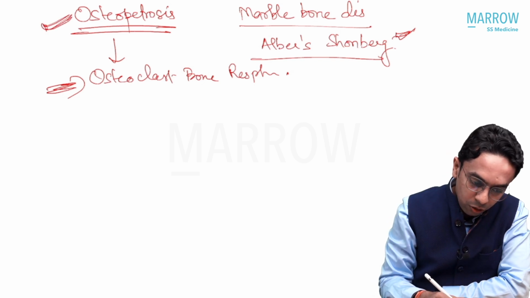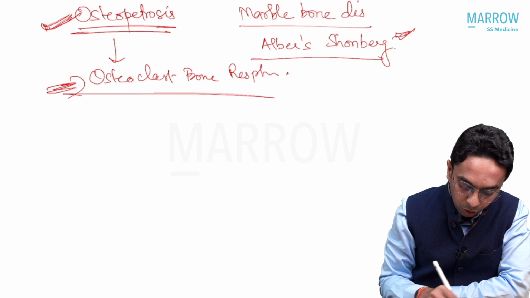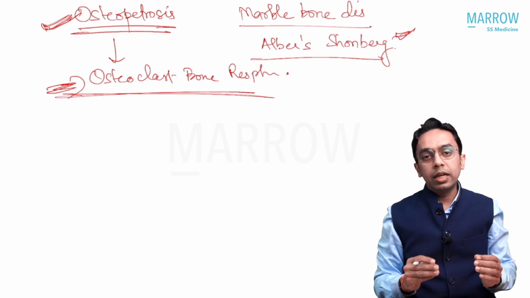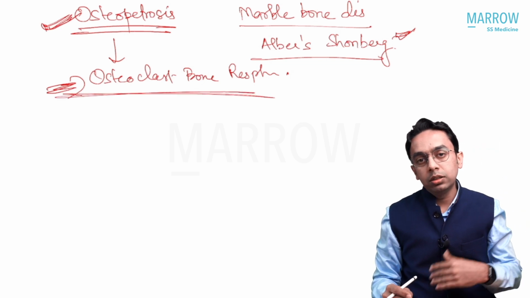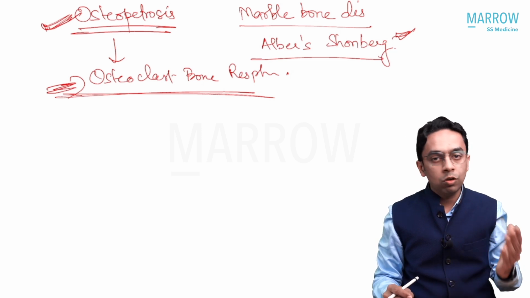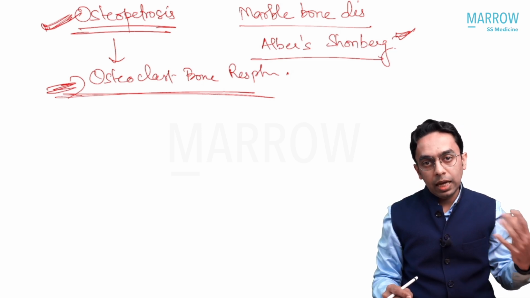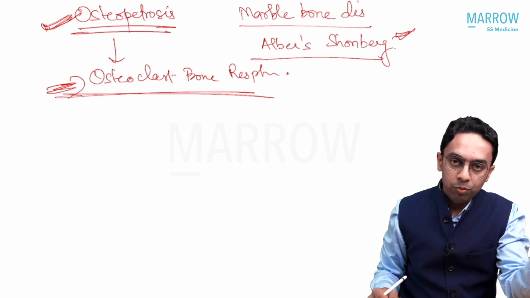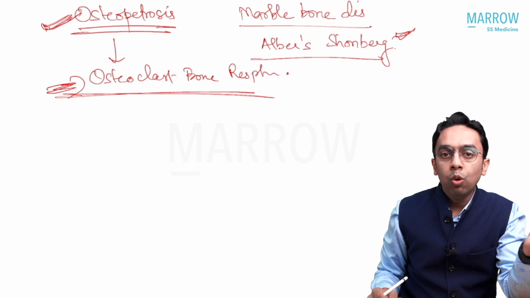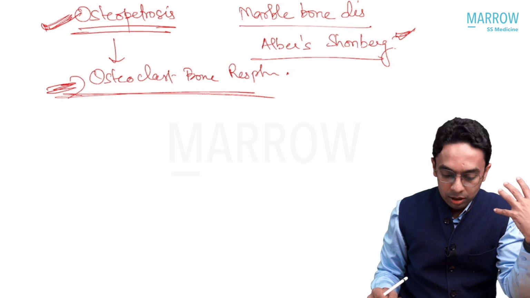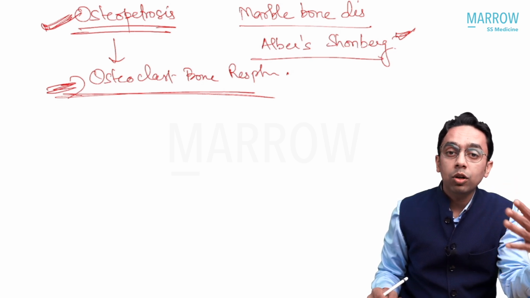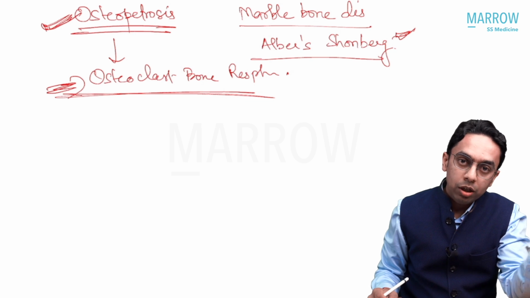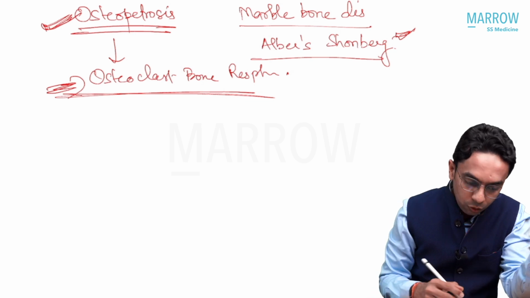and thereby the patient develops osteopetrosis. Also, you must learn at least some basic things. If the osteoclast is not functioning, there is a balance between bone and calcium in the blood. So when bone cannot be resorbed, calcium cannot be transported from the bone to blood. So what will happen?